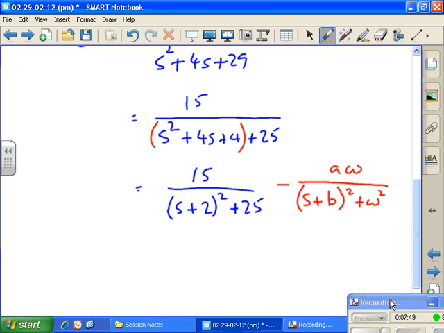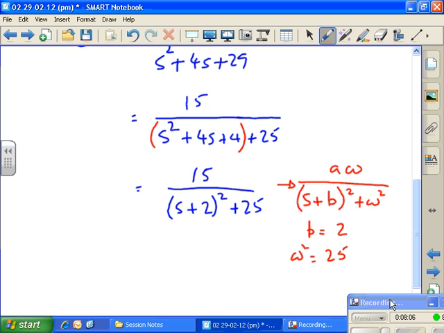It looks a bit like this one. We've got this bit looking right now, so we can already say that B equals 2 and that omega squared is 25.